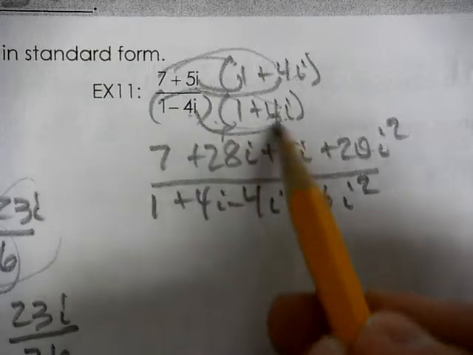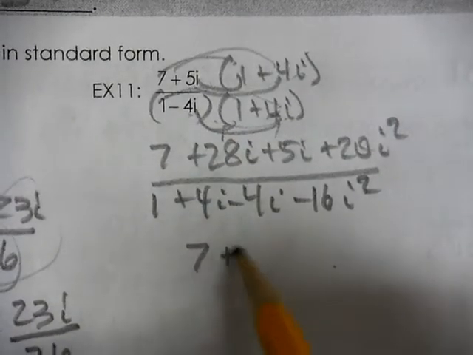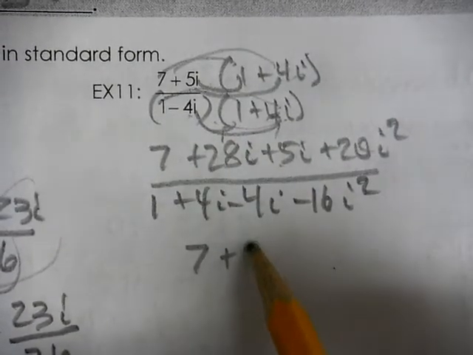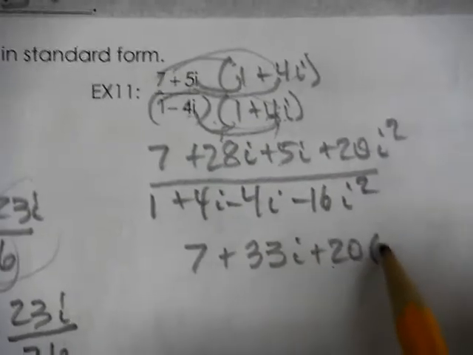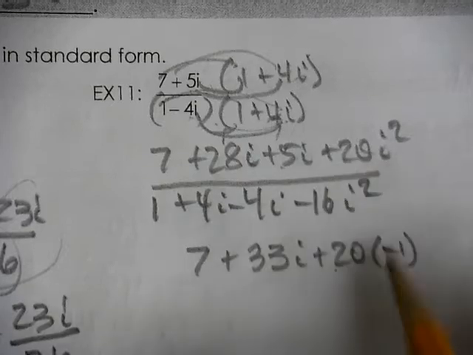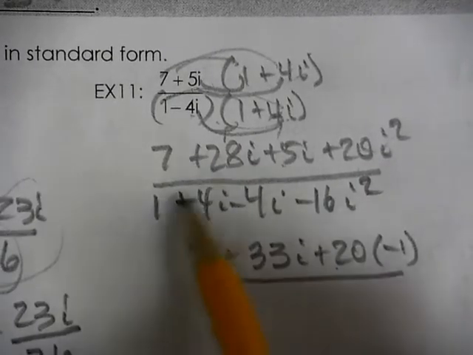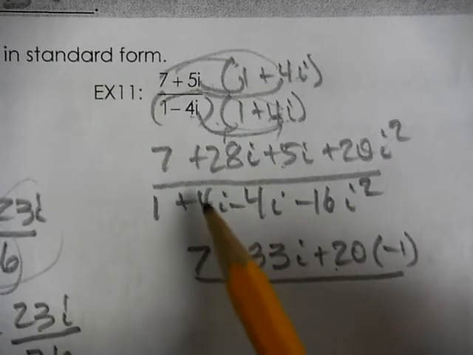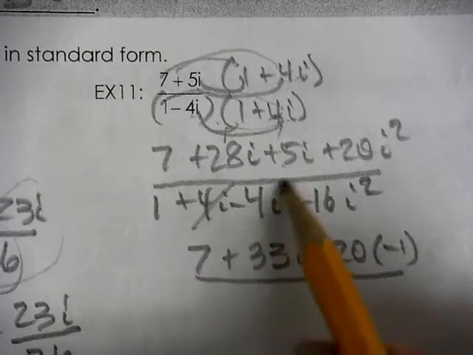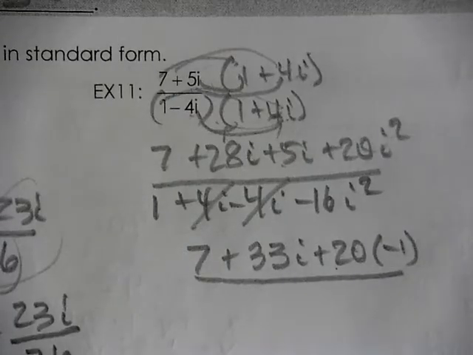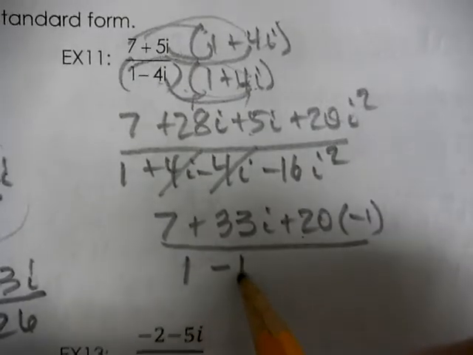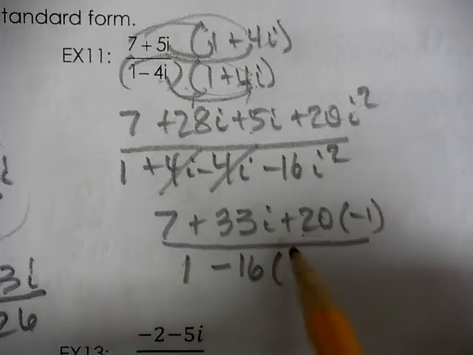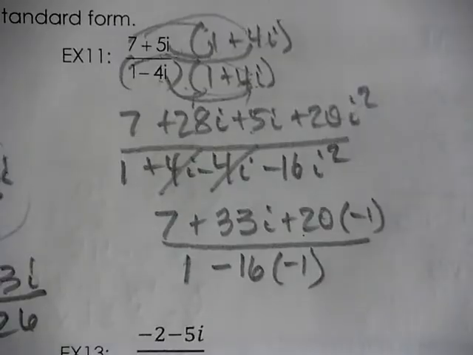We group some like terms together. Here we're going to get a positive 33i, but we're going to get 20 times negative 1, because i squared is negative 1. Now notice here, because we multiplied by the conjugate, the middle terms cross out. So we no longer have any i's like that. And the 16i squared becomes 16 times negative 1.